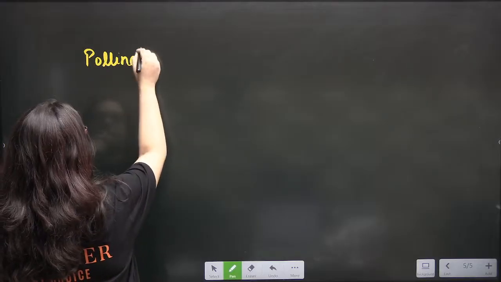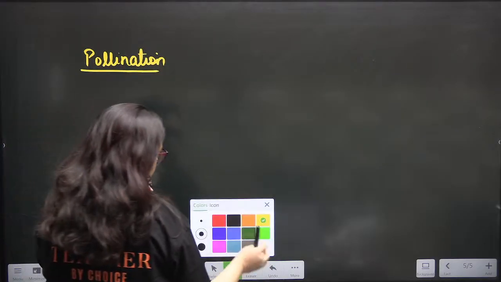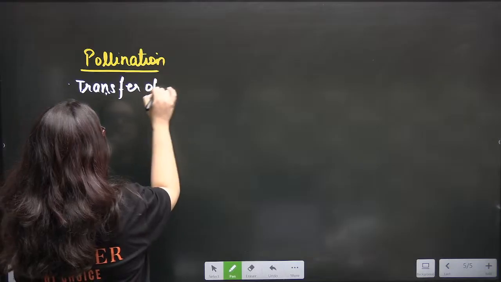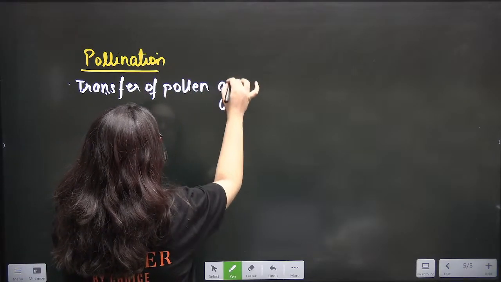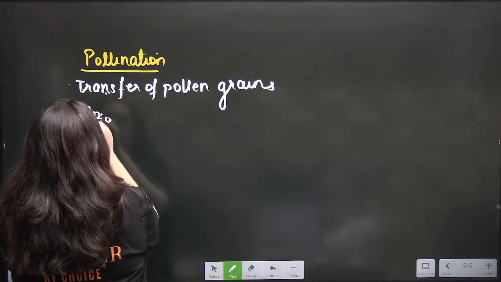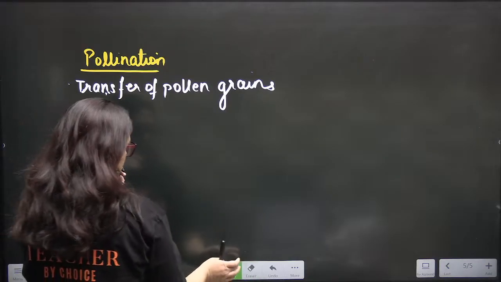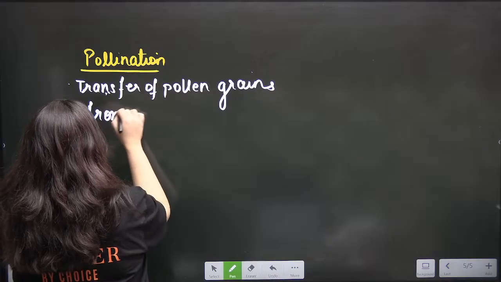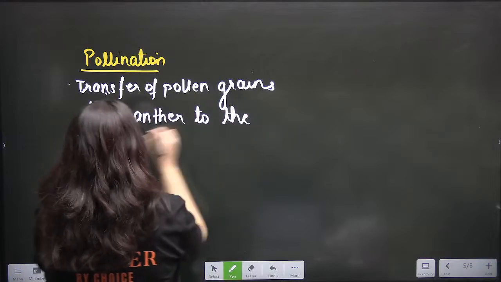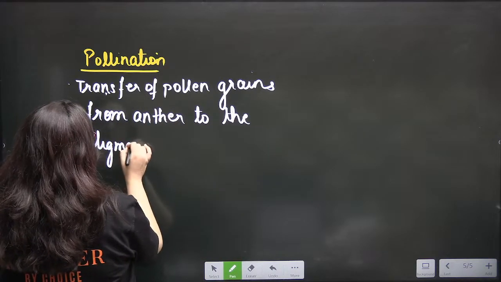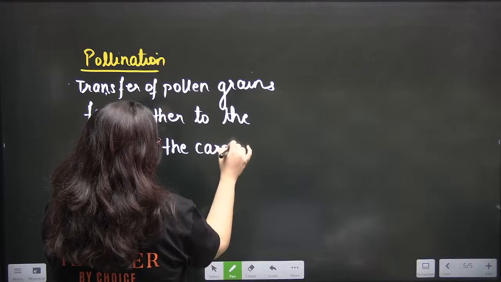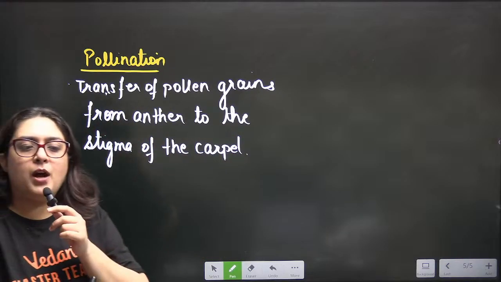This is pollination: transfer of pollen grains from anther to the stigma of the carpel.